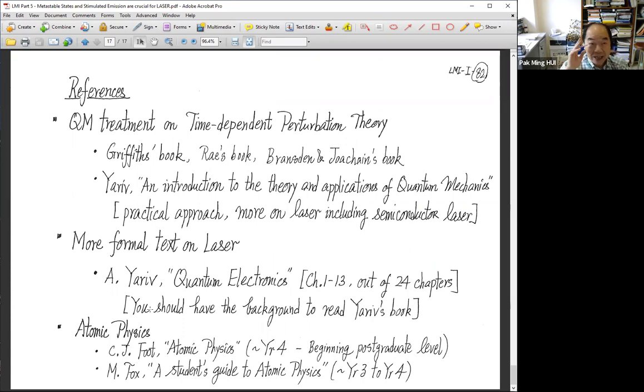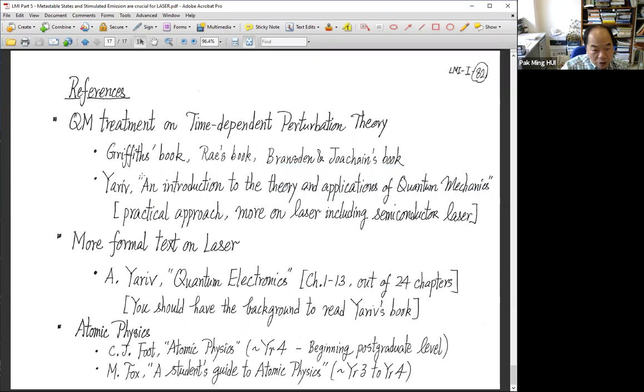Okay? So finally, for those who like theory more, you may want to learn second order time-dependent perturbation theory. That is interesting but troublesome, okay? Not recommended at this level, but if you do, I would recommend these books, especially this one in great detail. You can find the derivation rather cleanly. For those who like the applied side of time-dependent perturbation theory more, I recommend the book by Yariv, Introduction to Theory and Application of Quantum Mechanics.